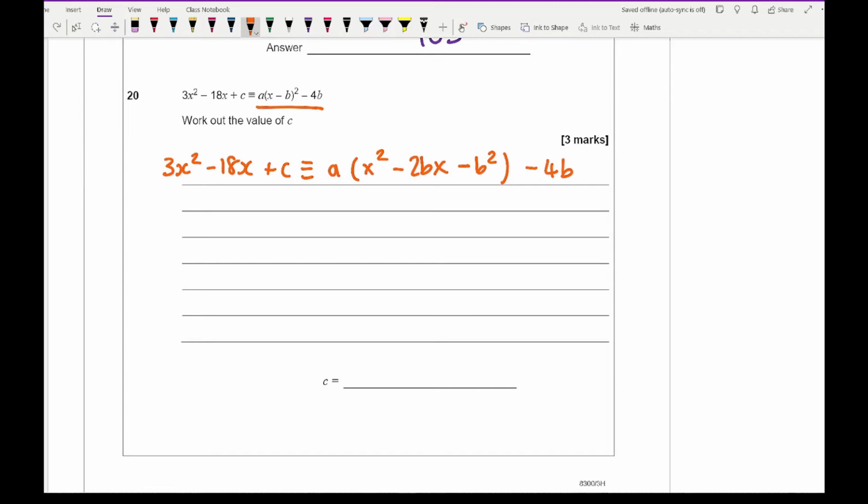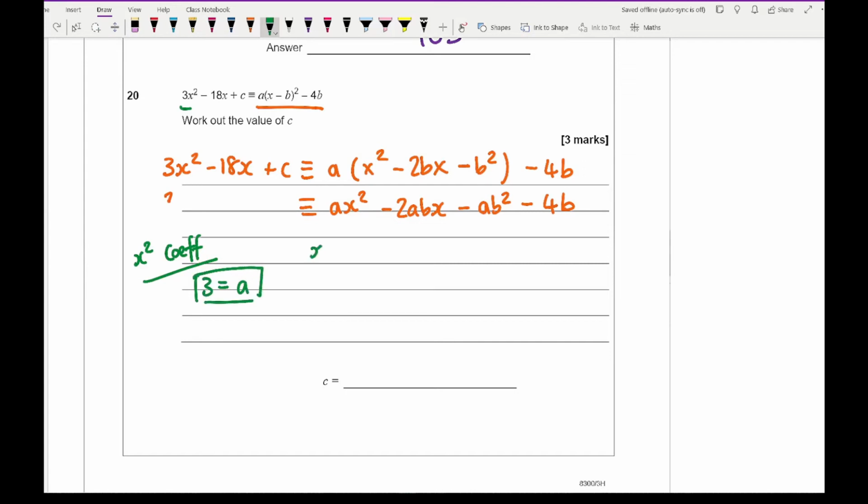And so looking at this, does this make this any easier? Well, if I expand the brackets out, I get ax squared minus 2abx minus ab squared minus 4ab. Now, in terms of comparing the coefficients, the x squared, well, I've got 3 on this side and I've got a on this side, so a equals 3.